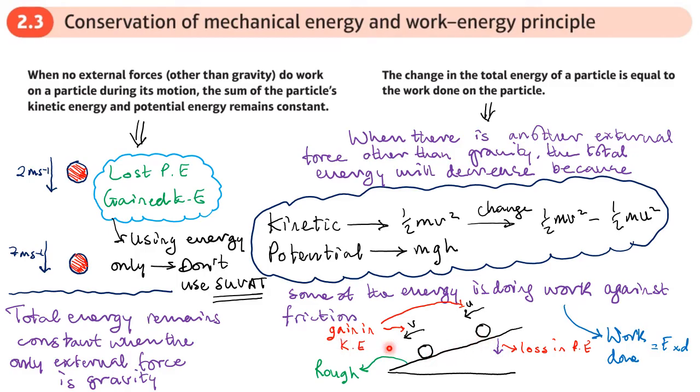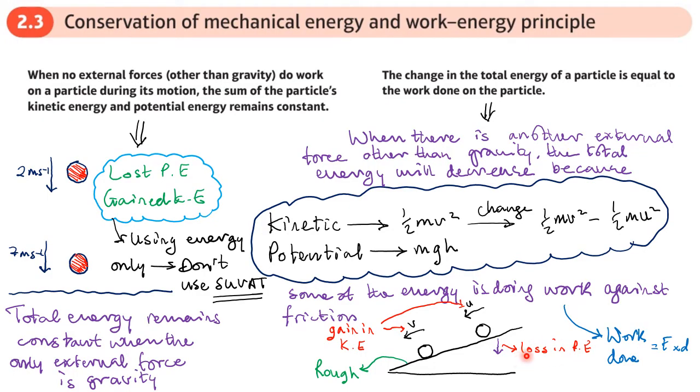So when we look at the loss in potential energy and the gain in kinetic energy, they won't add up to a constant. In fact, we'd probably work out what the gain in potential energy is, subtract the loss in potential energy, and then we'd end up with a negative.